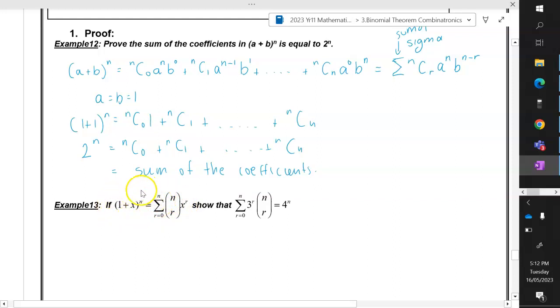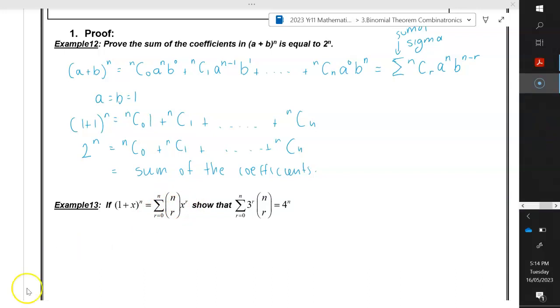So we're saying if this is equal to this, show that this part here on the left is equal to this. Let's just deal with this first part. If (1 + x) to the n is equal to the sum from r equals 0 to n of nCr x to the r. Okay, so this is a fairly straightforward one. So let's look at what we've got.